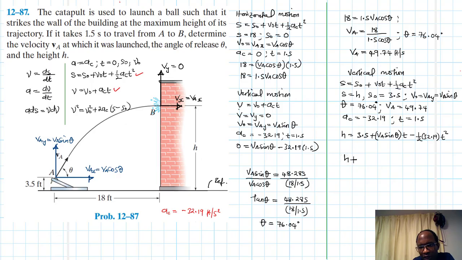Replacing all those values there, then we can say 3.5 plus 1.5 times 49.74 sine 76.04, minus 0.5 times 32.19 times 1.5 squared.